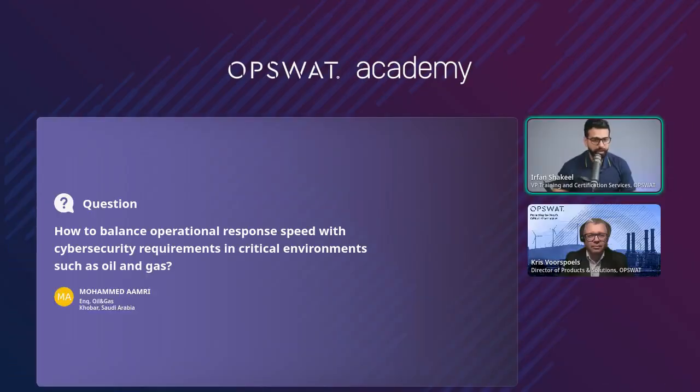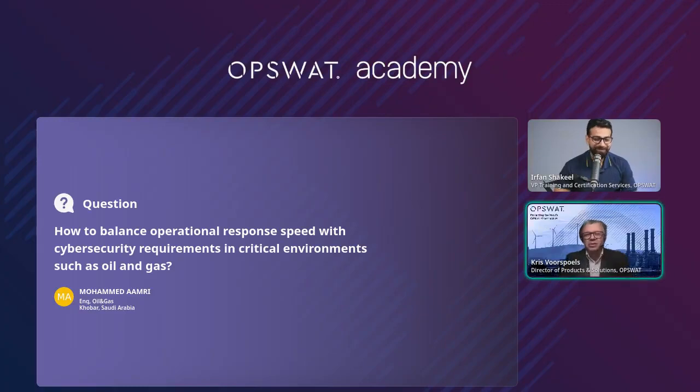Having said that, I can see a very interesting question in this chat from Muhammad. The question is how to balance operational response speed with cybersecurity requirements in critical environments such as oil and gas. That's a million dollar question, right?